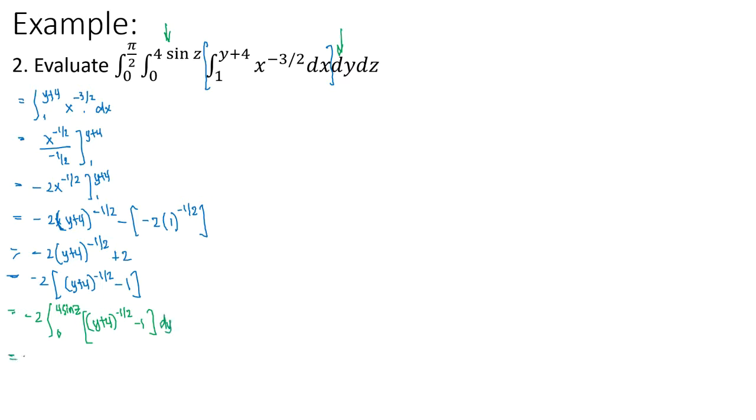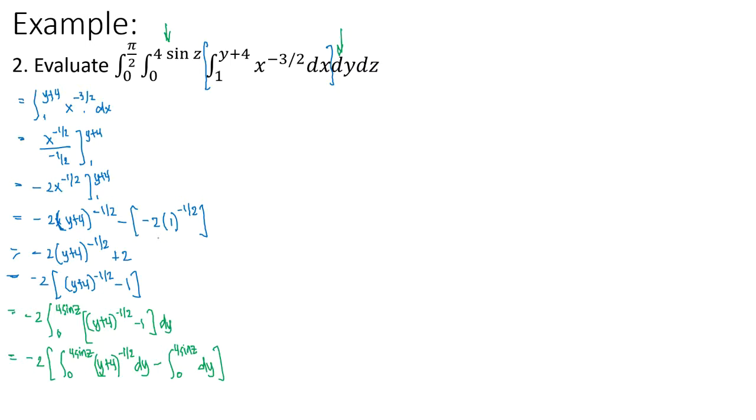So we'll segregate this. So this would become integral of 0 to 4 sine z times y plus 4 raised to negative 1 half dy minus 0 to 4 sine z of dy.